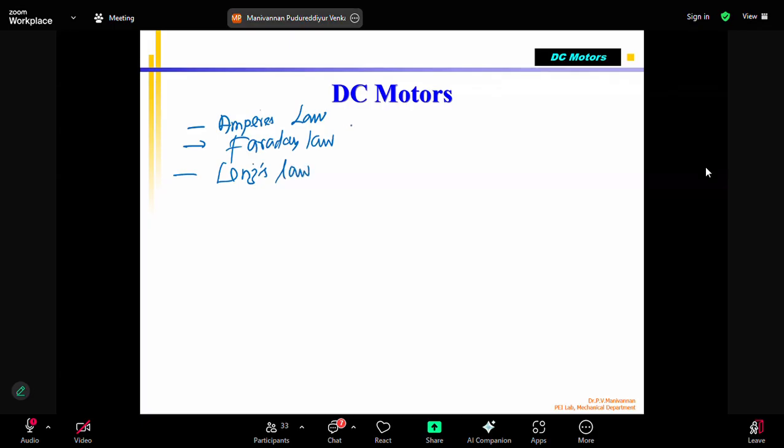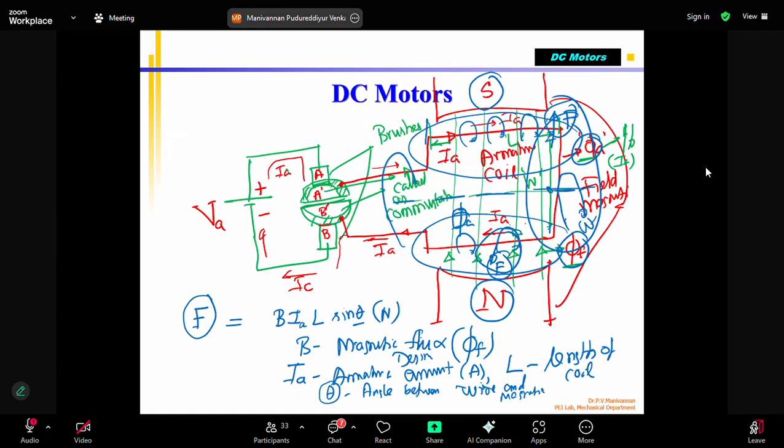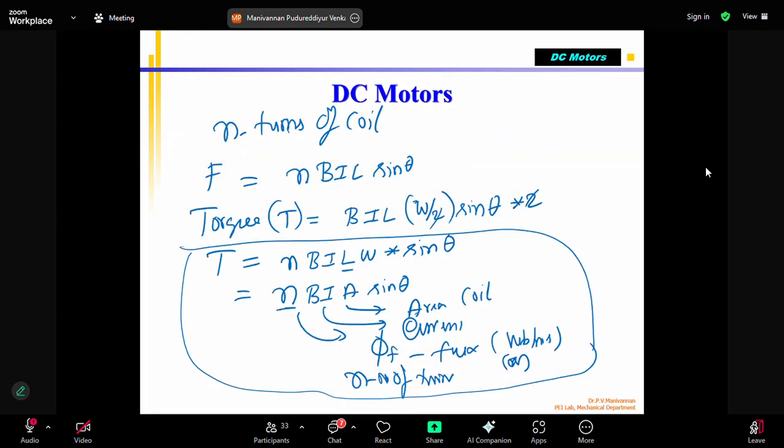So what Ampere's law says: if an electric conductor is placed in a magnetic field, it experiences a force. As I showed already, there is a magnetic field coming from the north pole to the south pole of the field magnet, and a current flowing through this conductor, and because of that a force is created.